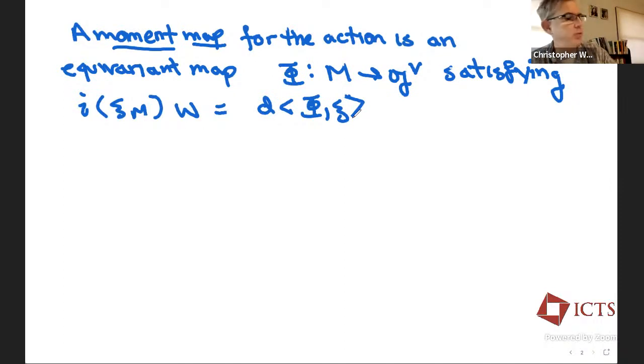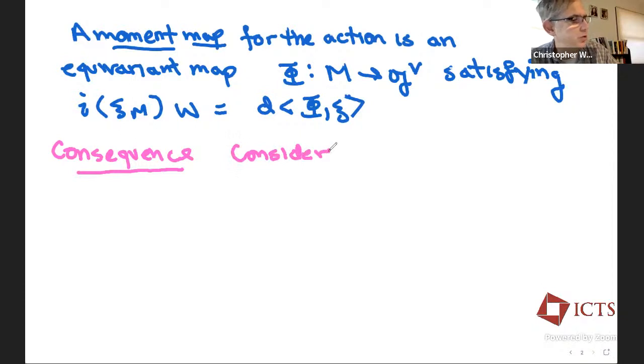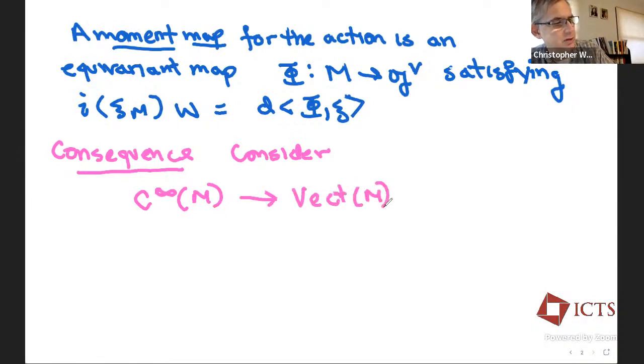So what's a consequence of this definition? Consider the map which goes from C infinity of M to vector fields. This is the map which takes a function f and takes the vector field X_f, so that i_{X_f} omega is df.